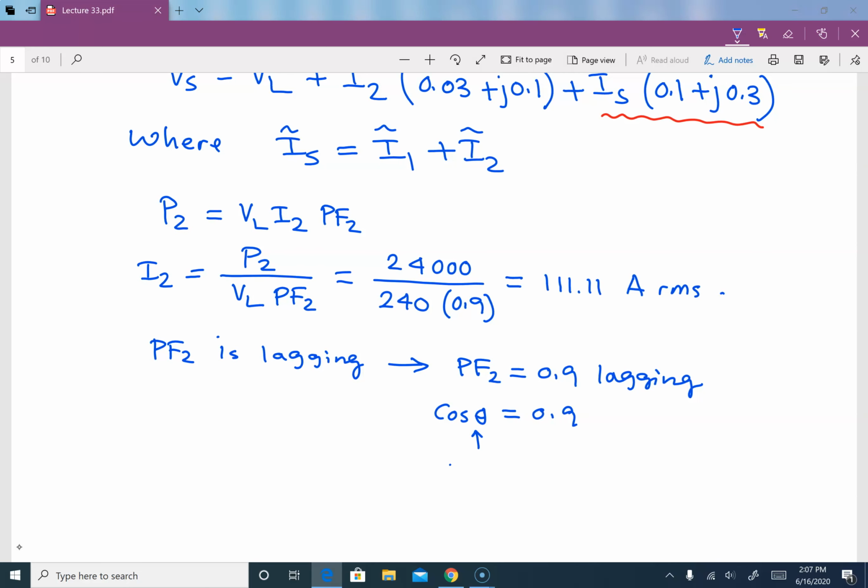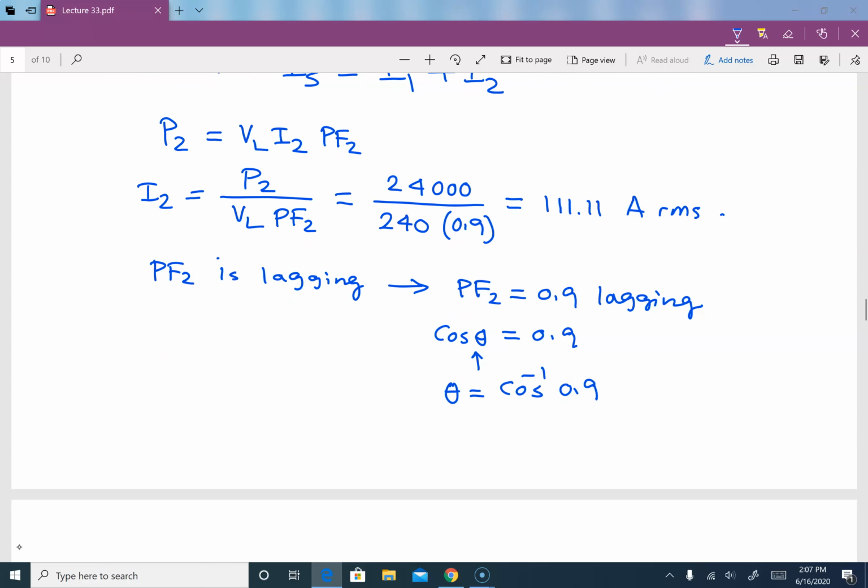To find this theta, that is the inverse cosine of 0.9, which is 25.84 degrees.